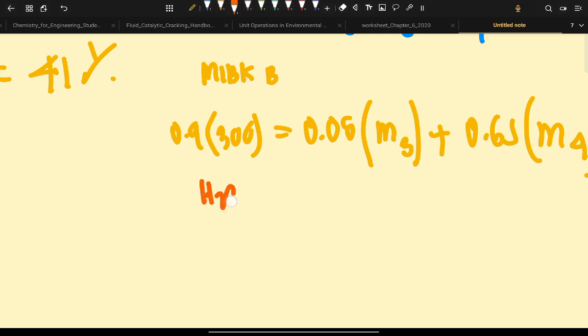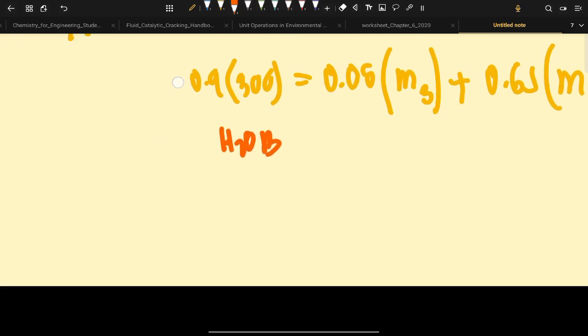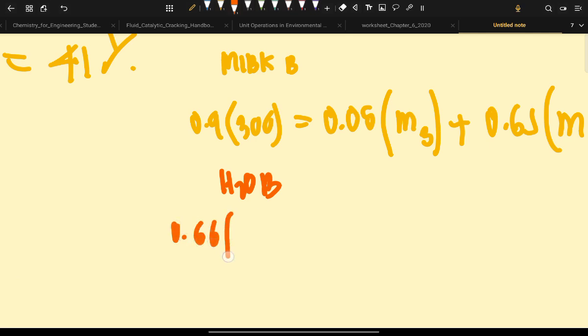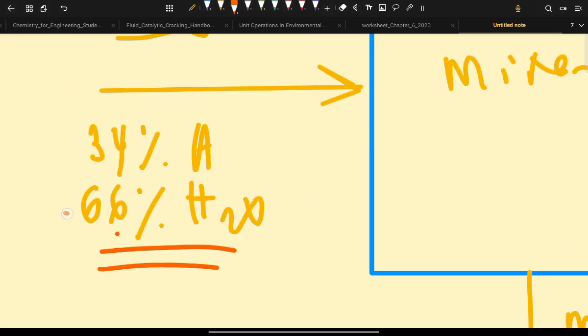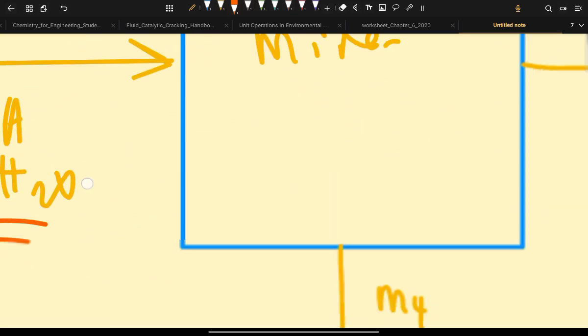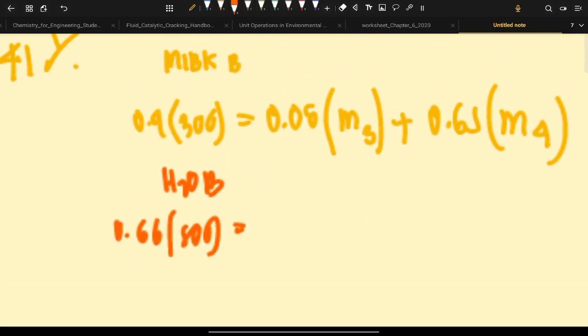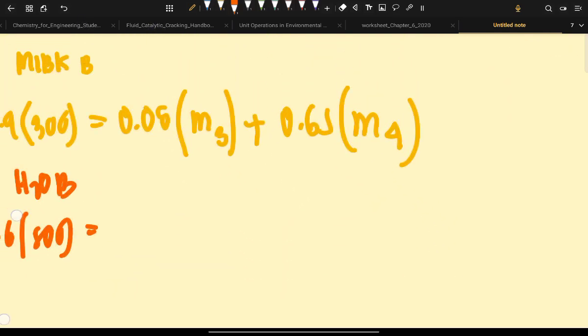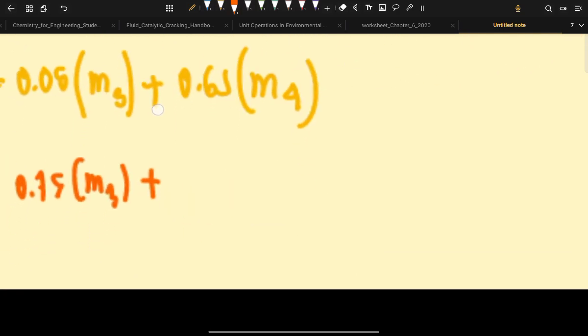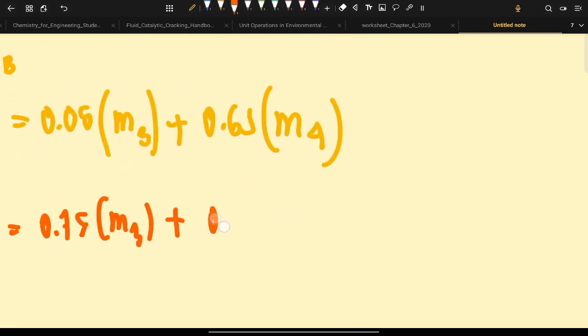And then next we want to use another balance to get the simultaneous equations, so I want to use the H2O balance. 0.66 times 500, which I got from the input here, times this. Okay, and then from the answer we get from the triangle graph, 0.75 M3 plus 0.05 M4.